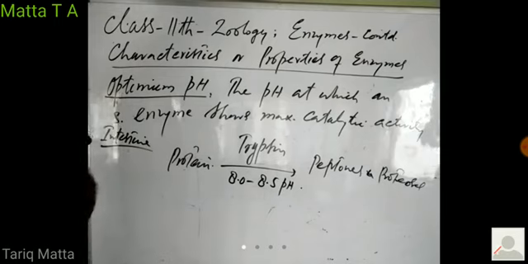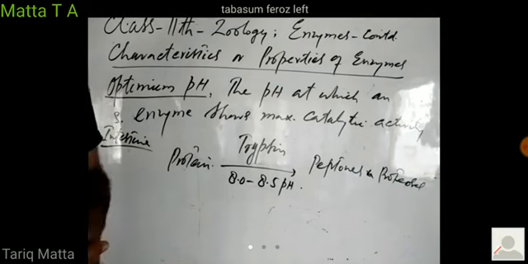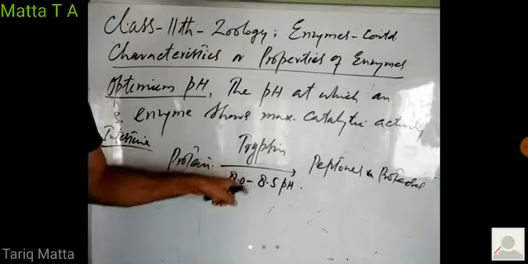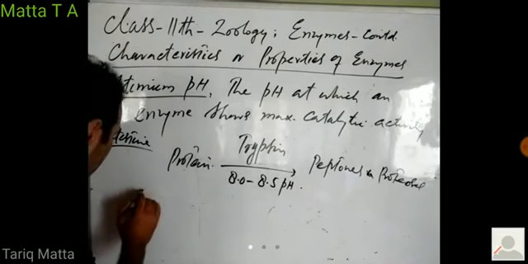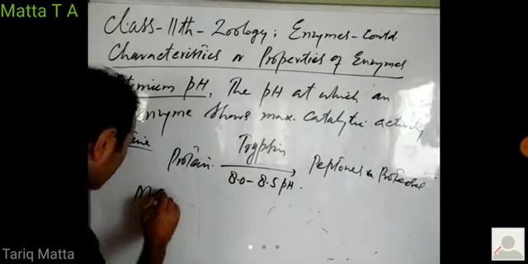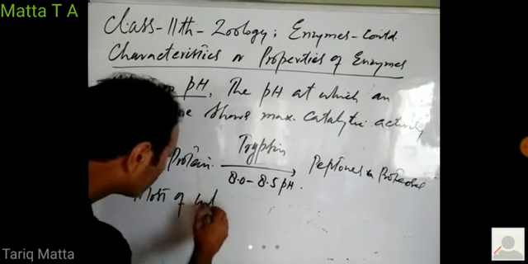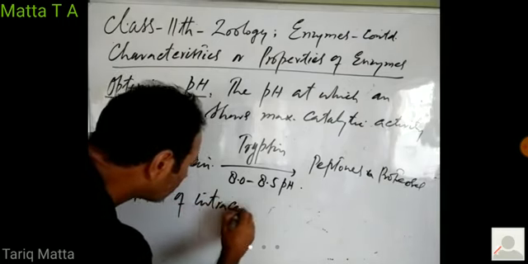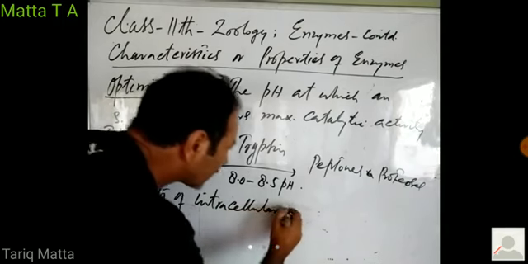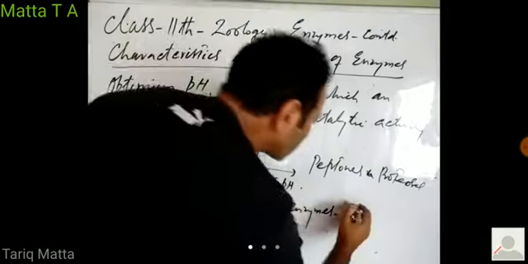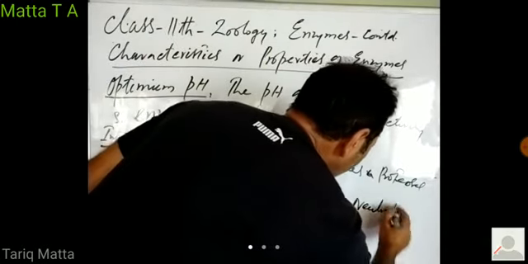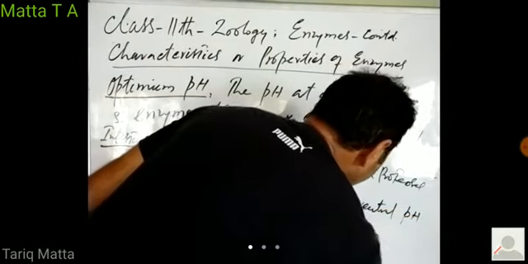Some enzymes work best in acidic medium like pepsin. Some enzymes work best in alkaline medium like trypsin. Most of the intracellular enzymes work best at neutral pH, that is 7.